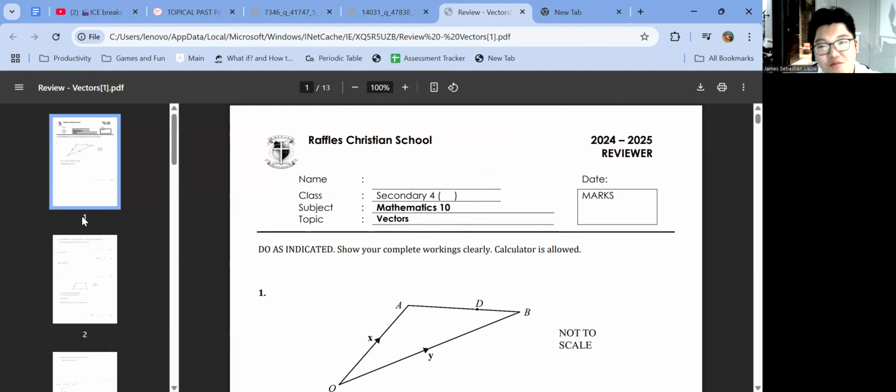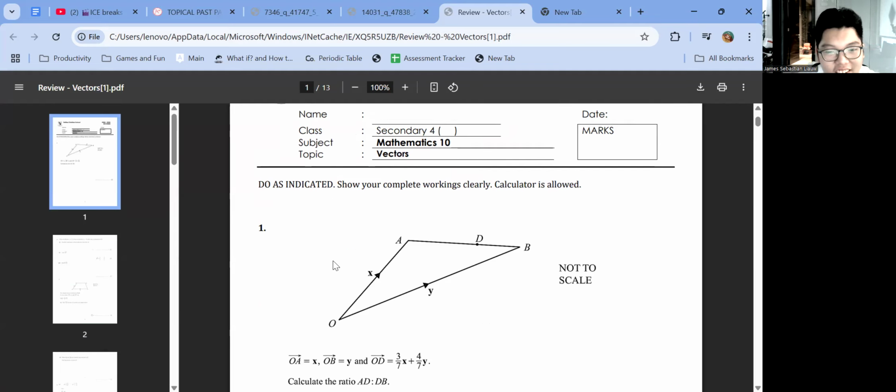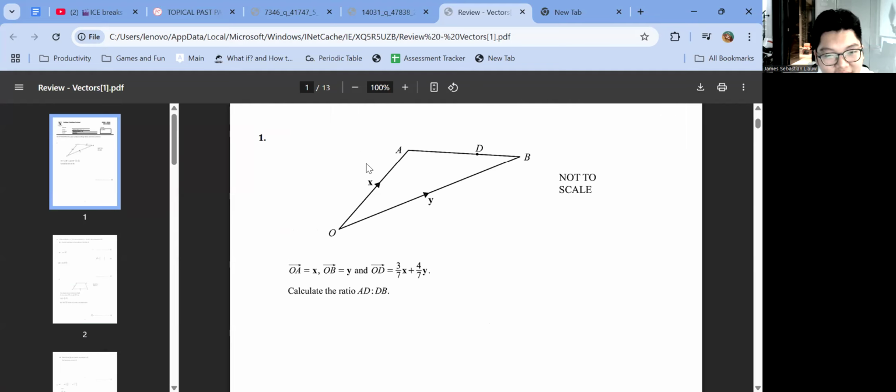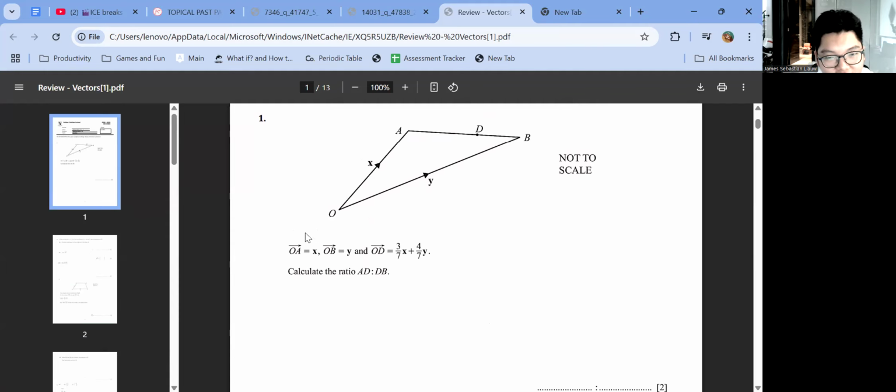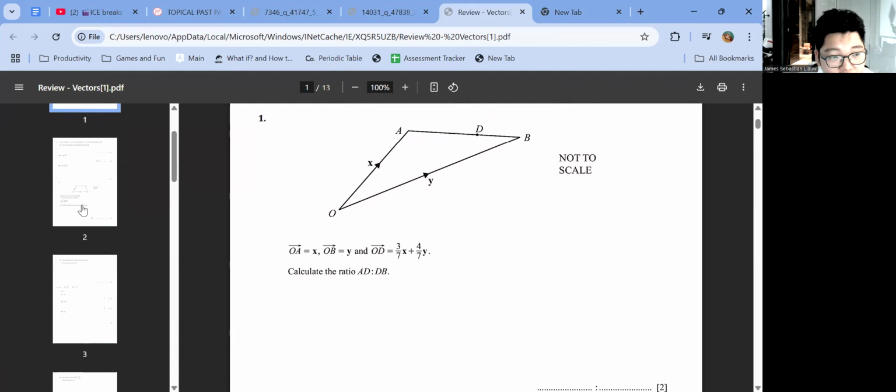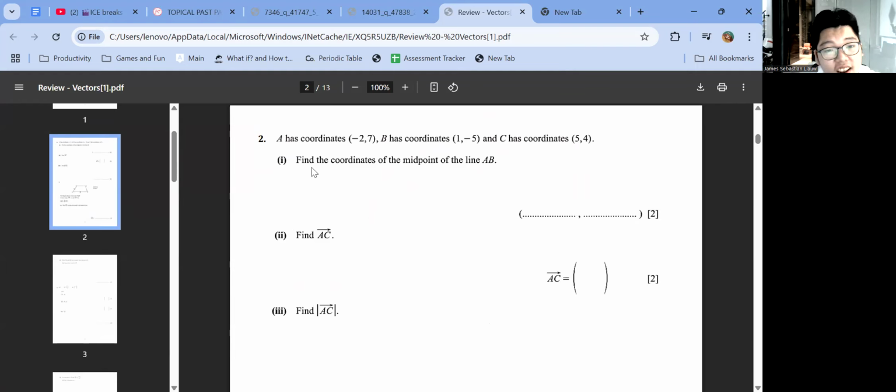All of the vector type questions will be either the geometric type, just like the one we discussed earlier, or a combination of vectors with the idea of 4D geometry.